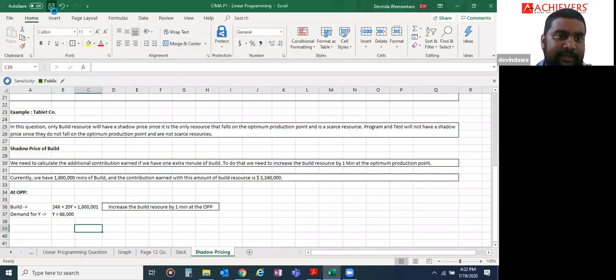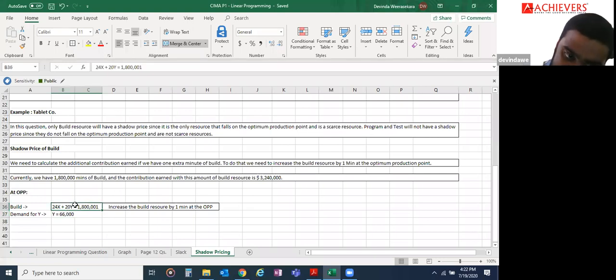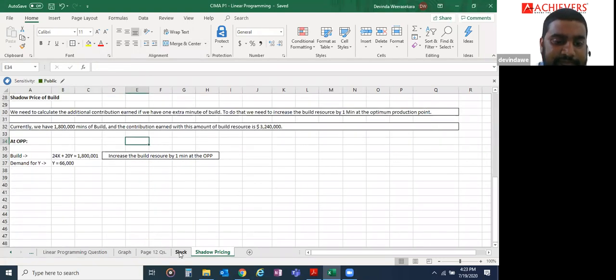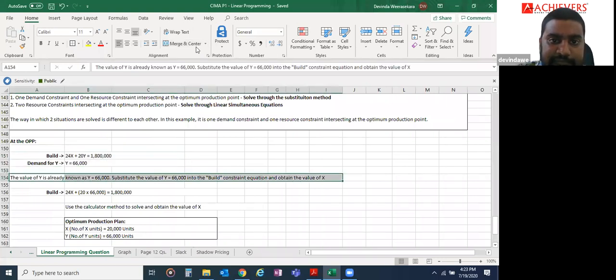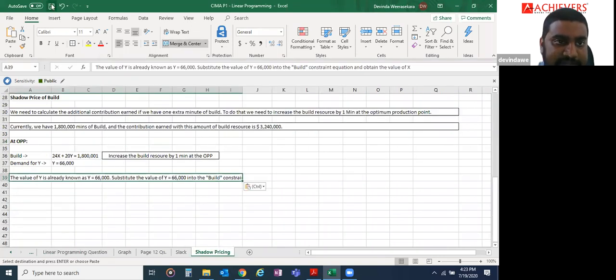Okay. Now what I want you all to do is substitute y equals 66,000 into this equation and find out the optimum production plan. Y is anyway 66,000. Substitute this into the equation and find out how much is x now. Calculate and tell me quickly.